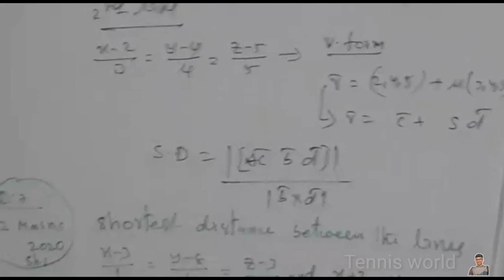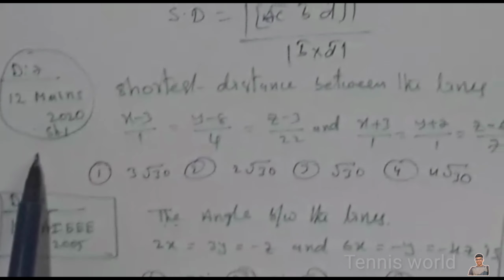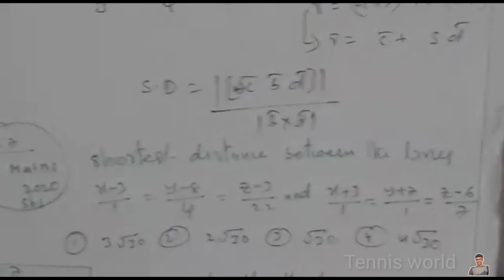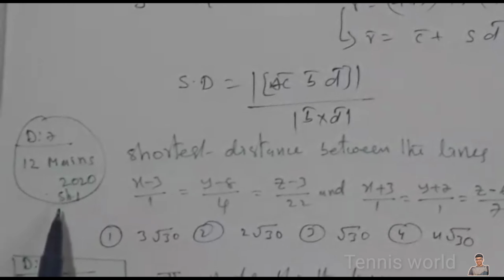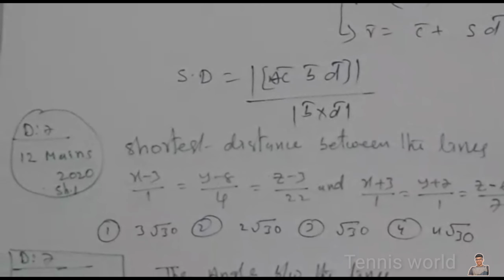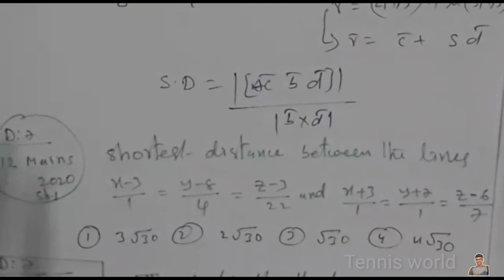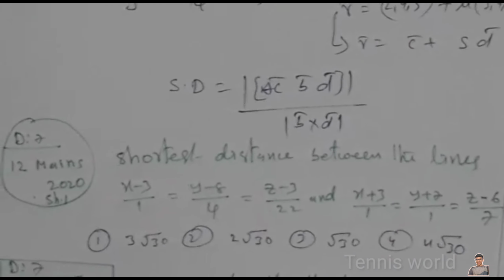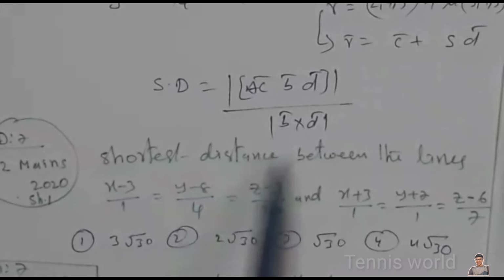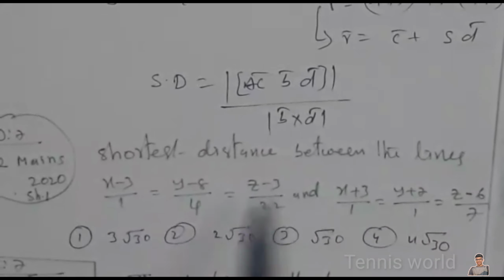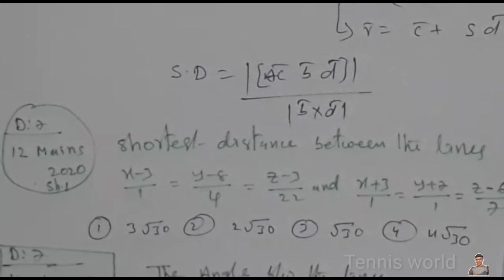Based on this formula you try. This question was given in the January 2020 paper, shift 1. Find the shortest distance between these two lines. Solve this question with the help of this formula, everybody, without forgetting. Okay, thank you, one and all.